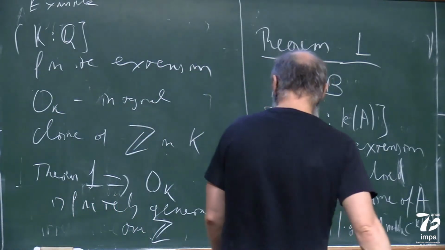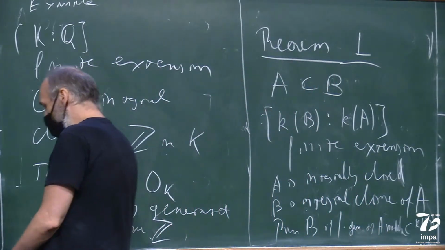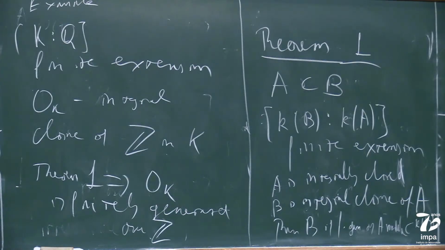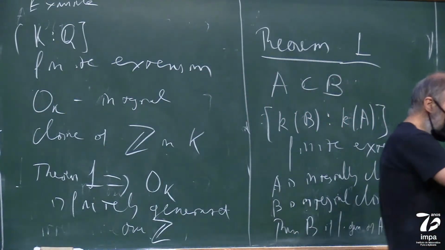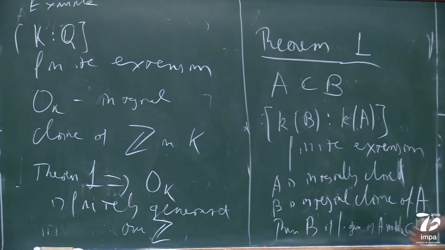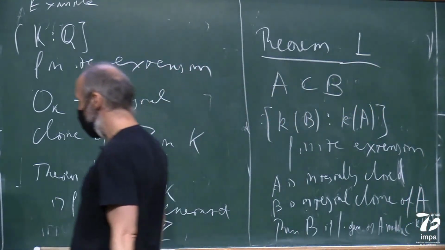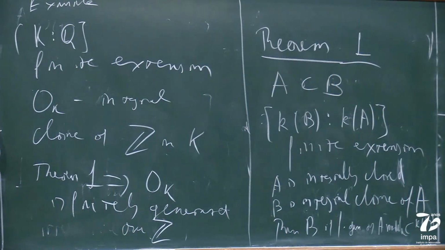All finitely generated abelian groups without torsion are just Z^n. And this, of course, is where all number theory starts, because then you consider the generators, you start working with these generators, and you define things.